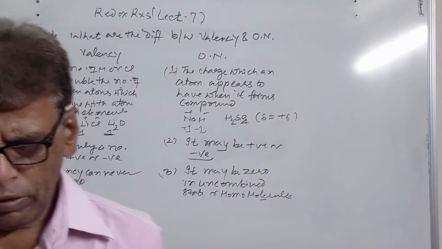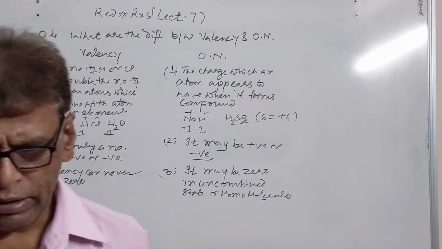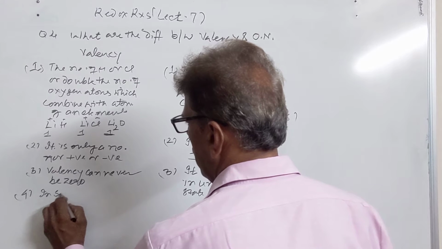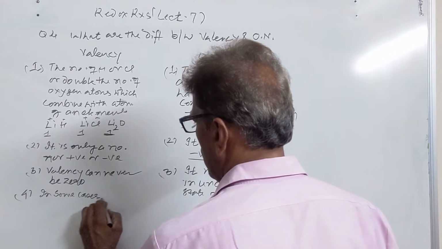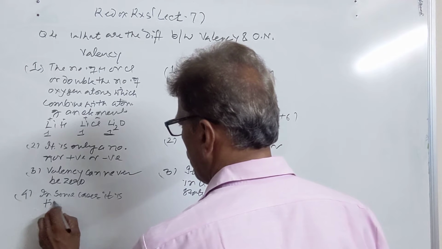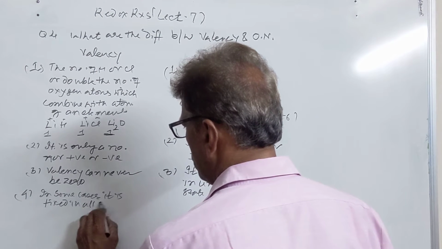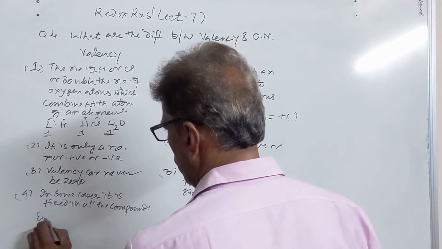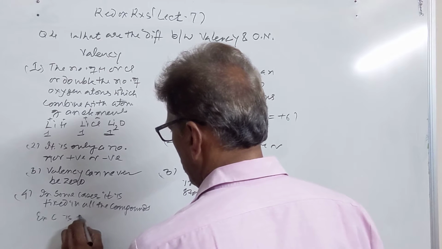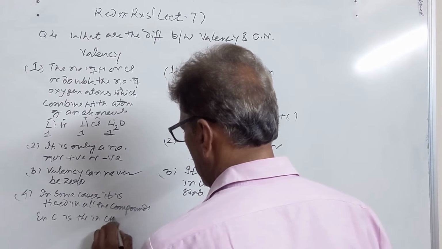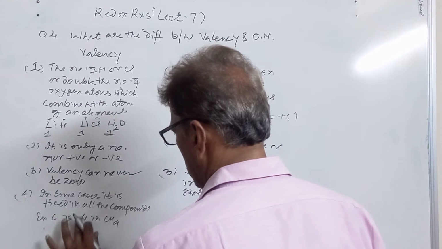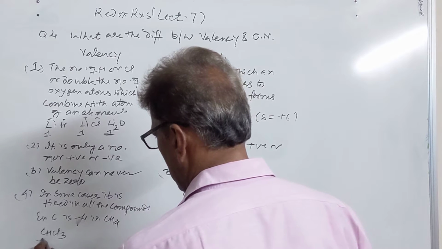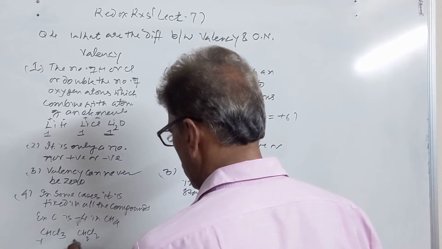Then we have, in some cases, valency of the element is fixed in all the compounds. For example, carbon is -4 in CH4, in CHCl3 it is -1, in CH2Cl2 it is -2.